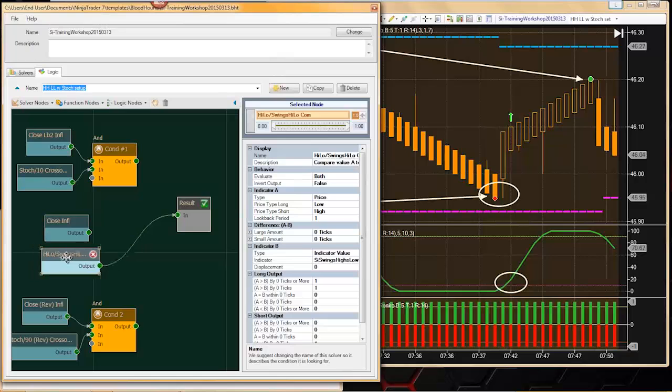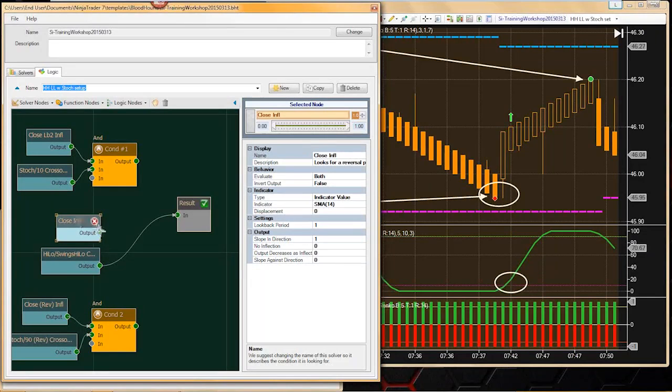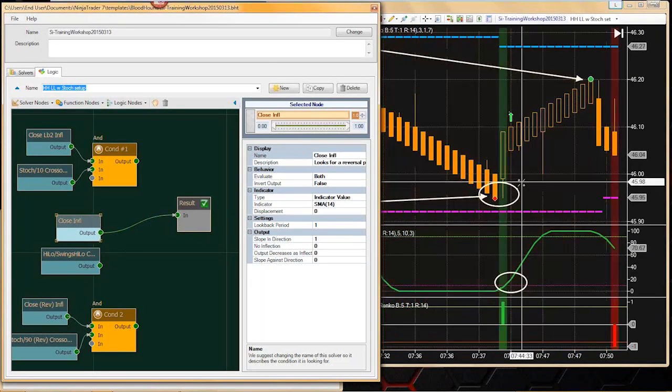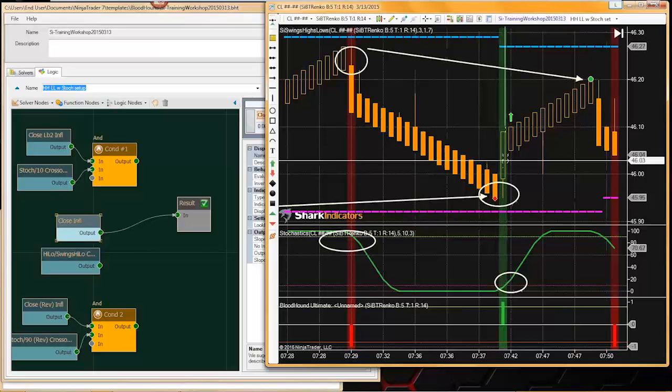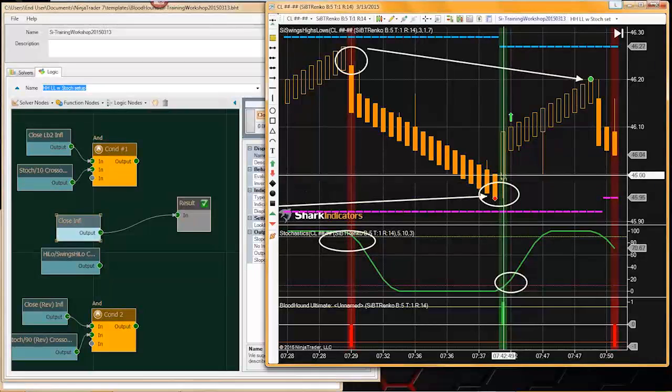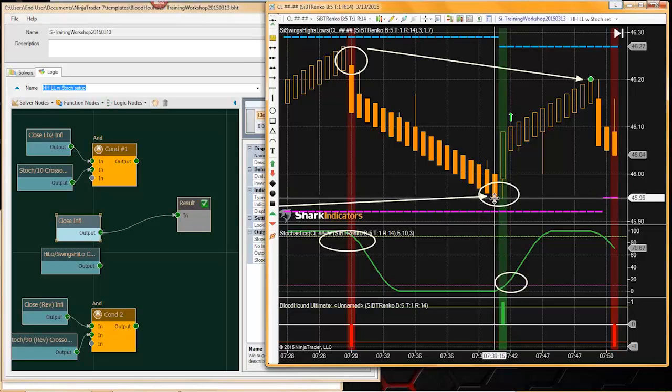But first let me go back to the comparison solver, and actually let me back up here. Let's take a look at the inflection solver again. You'll note that this long output happened one bar after this low point, so that's actually one bar back.